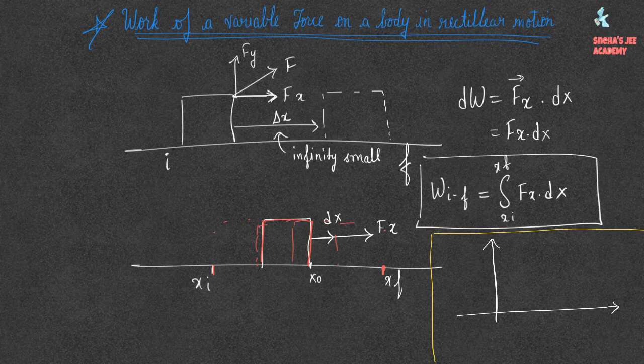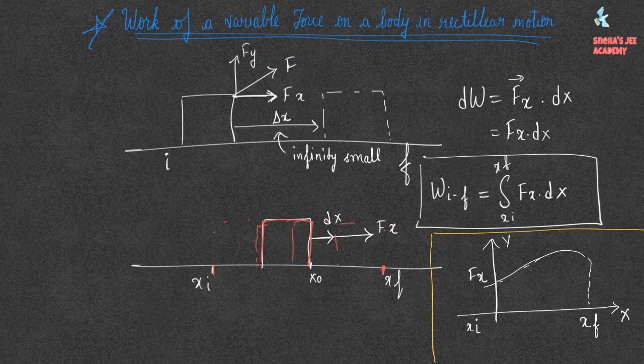So let's look at a graph over here: this is the x-axis, this is the y-axis. The y-axis denotes the force, and on the x-axis we have xi, the initial position, and xf, the final position. The x-axis denotes the displacement of the block. So the block displacement somehow shows like this.